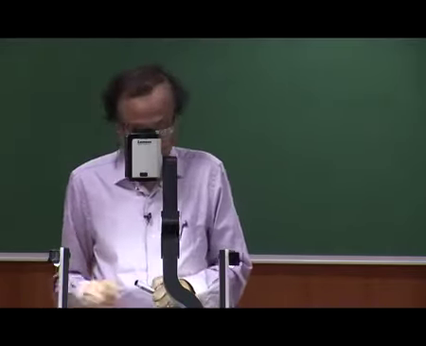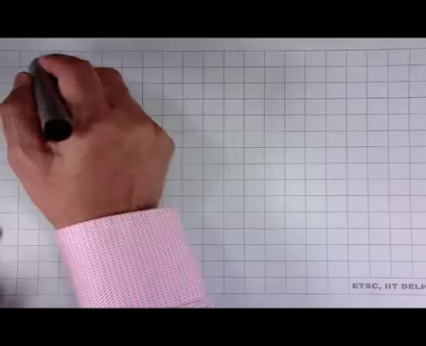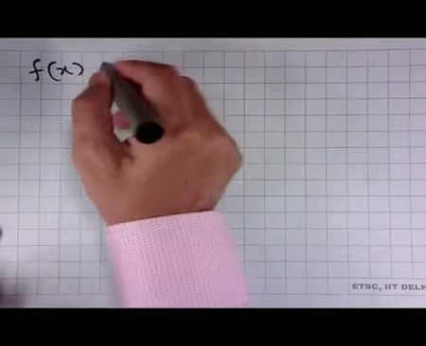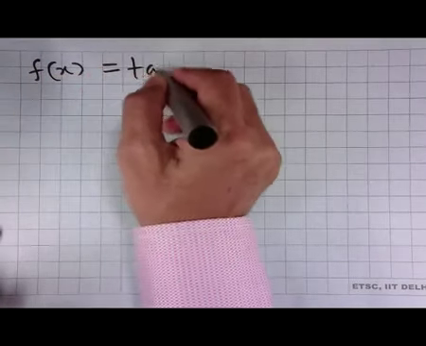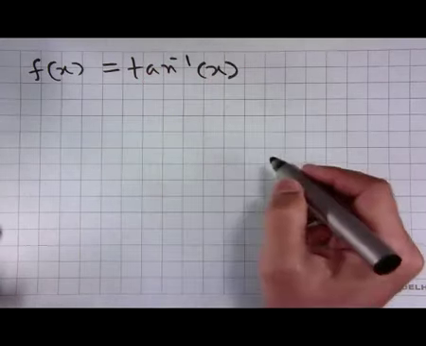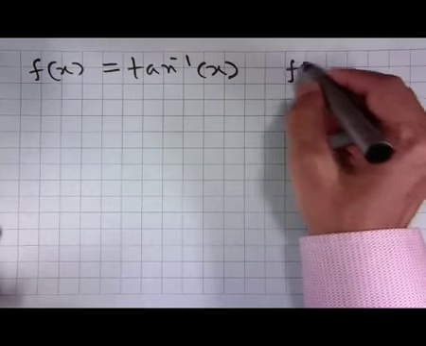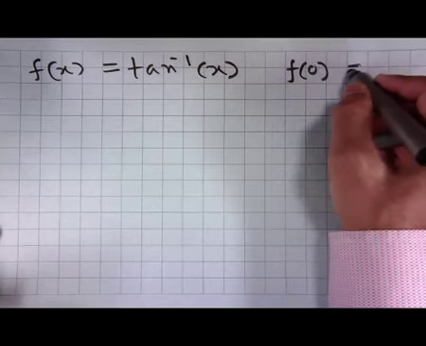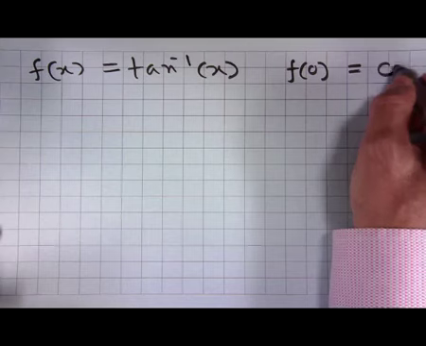So, f x is equal to tan inverse x, therefore f 0 is equal to 0.